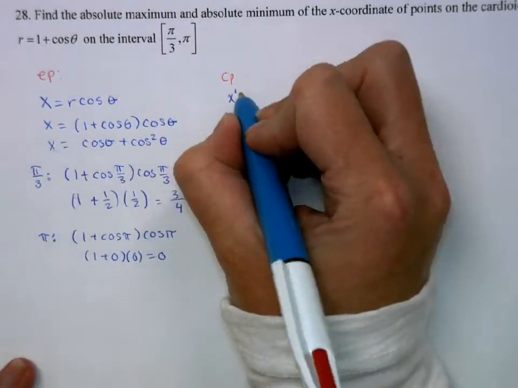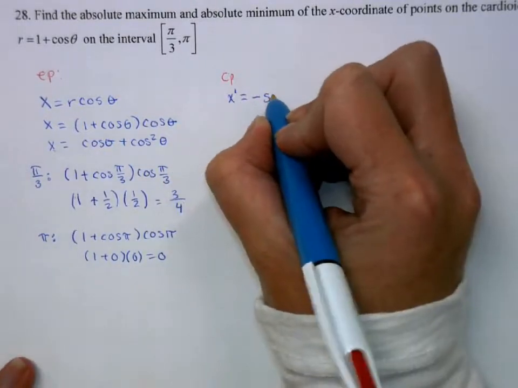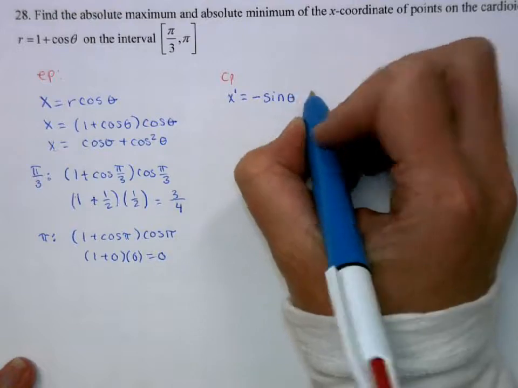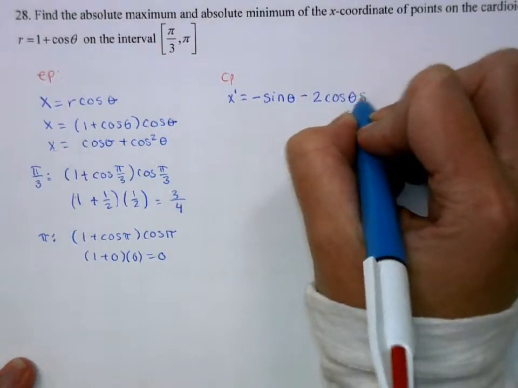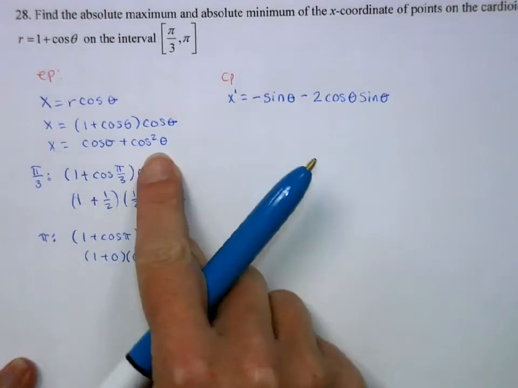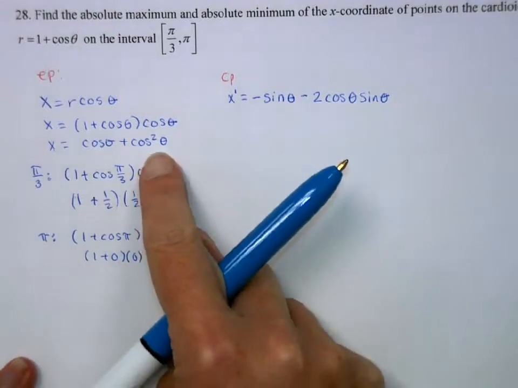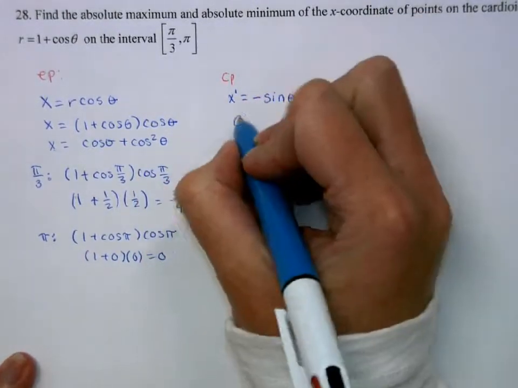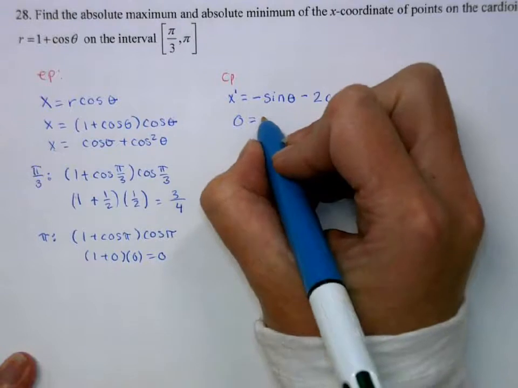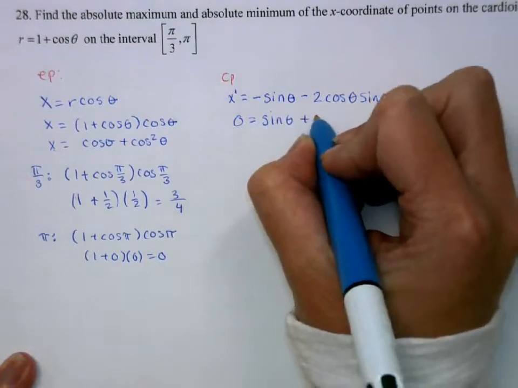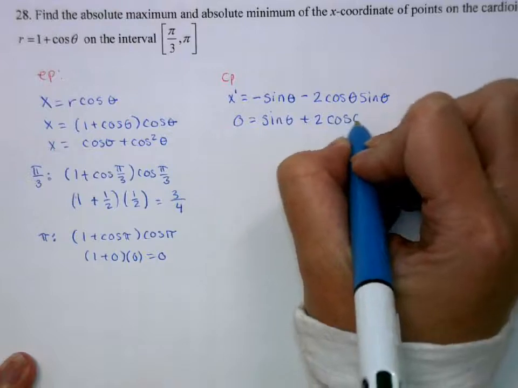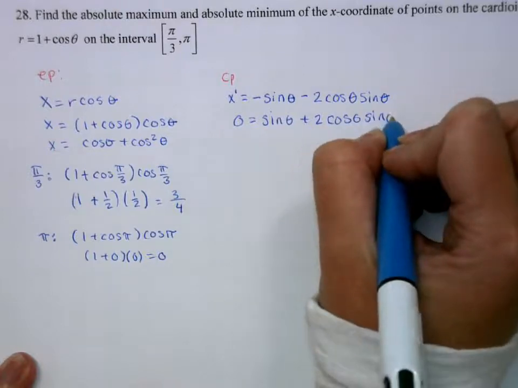So negative sine theta minus 2 cosine theta sine theta. Okay, using the chain rule there. Okay, we're setting this equal to 0. And I'm going to go ahead and move everything to the other side of the equation. Okay, so we want to factor.